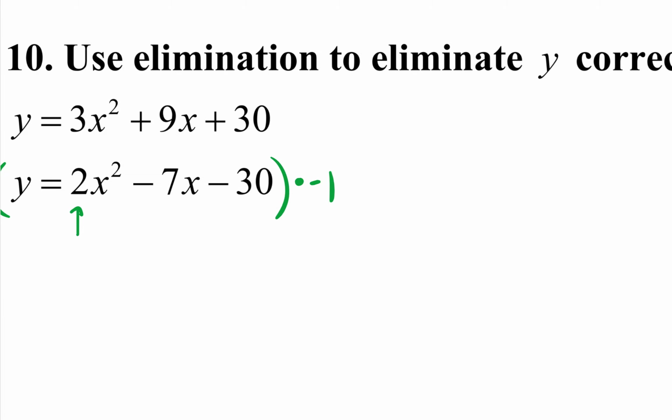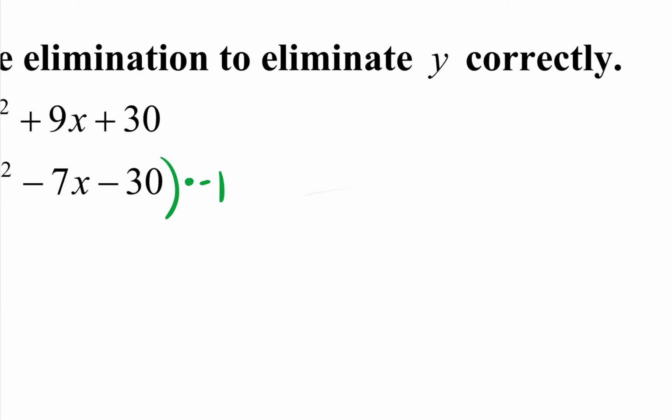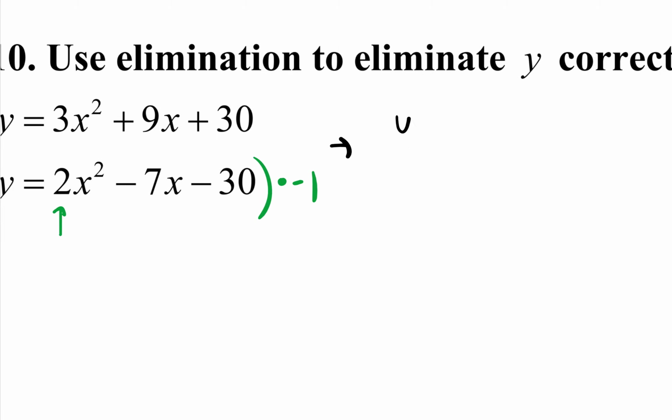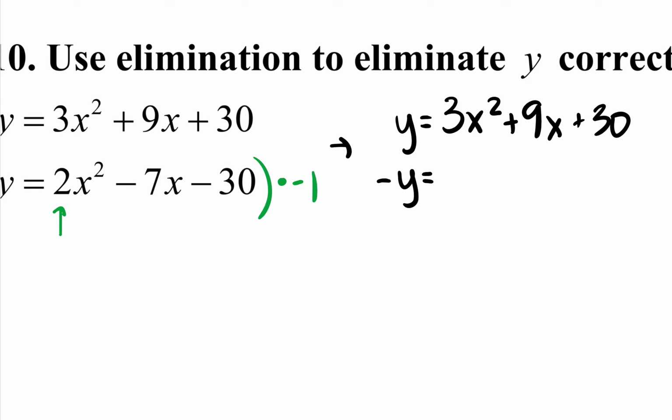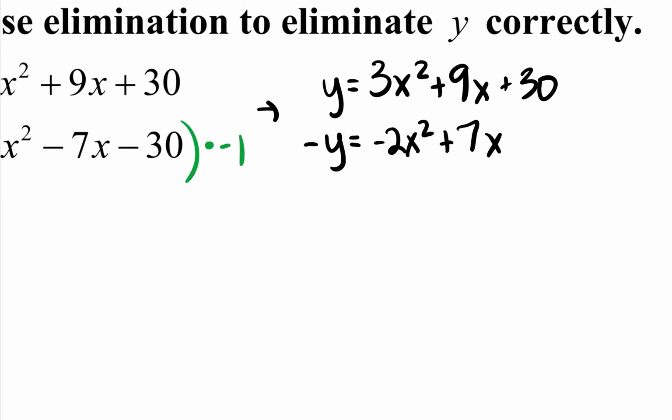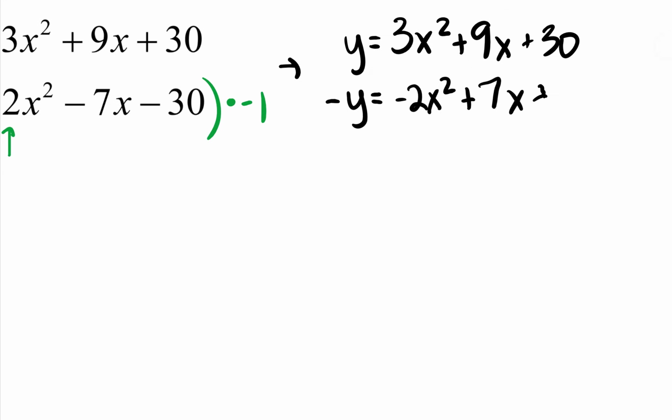It really doesn't matter, but that just creates one less step to worry about later on. So my top one did not change. I have y equals 3x squared plus 9x plus 30. On the bottom, negative y, negative 2x squared plus 7x plus 30.